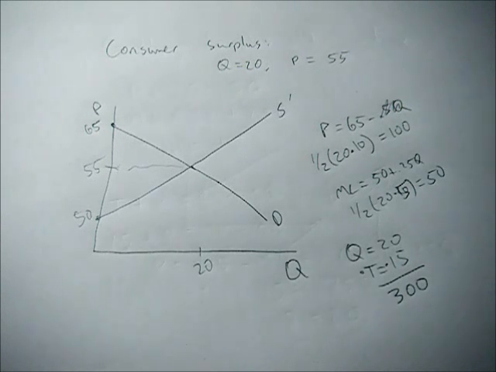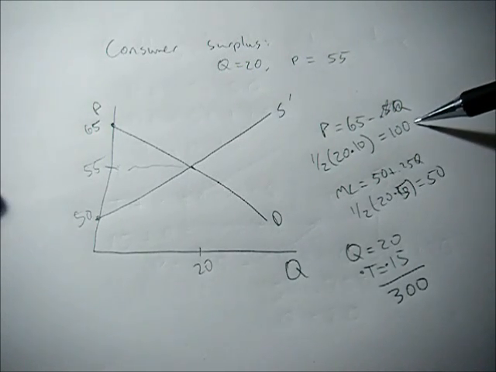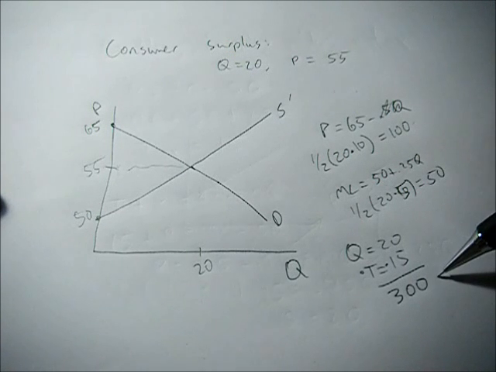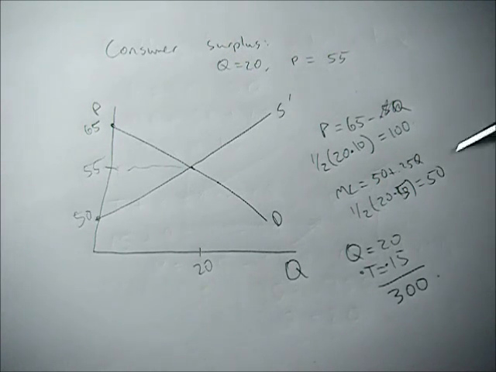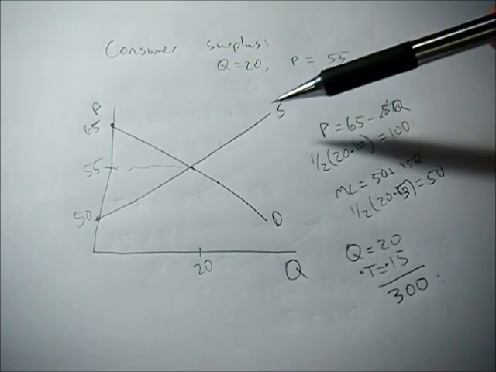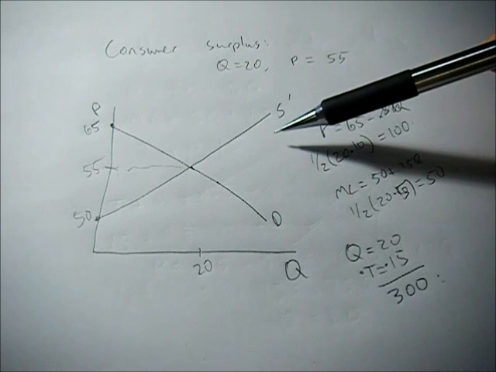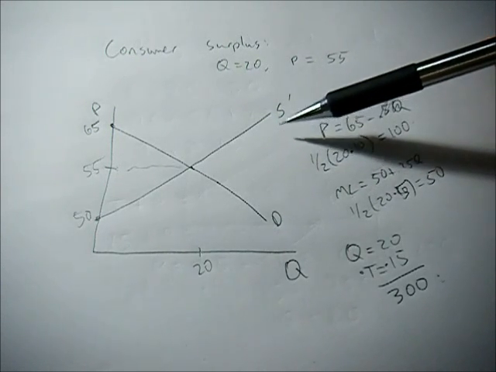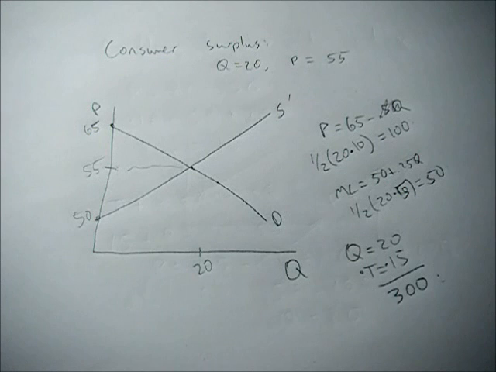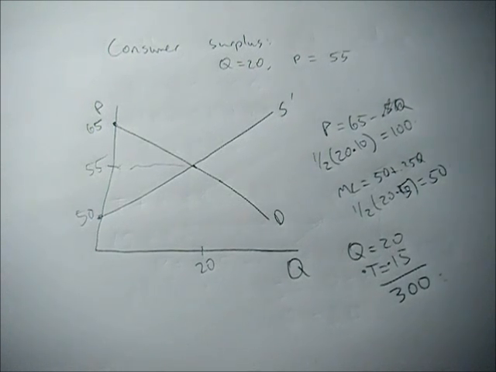So what's happened is we've transferred consumer surplus to the government in the form of tax revenue, and producer surplus to the government in terms of tax revenue. So this graph kind of gives half the picture of what's going on. I'm going to give the complete graph with tax revenue next.